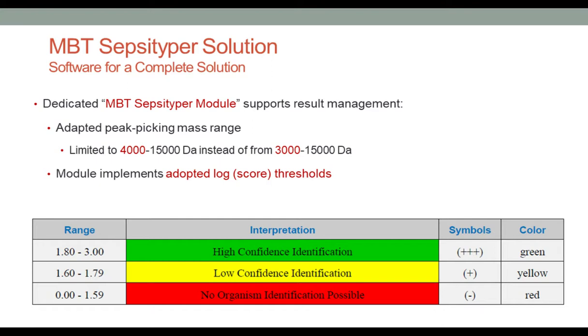So with 1.6 to 1.79, we could identify those organisms to genus level and report the genus. In order to be able to give a species identification, we would need to have a 1.8 or higher.